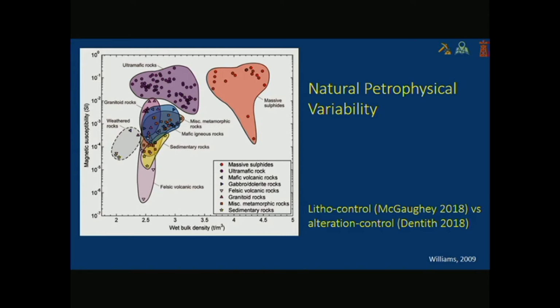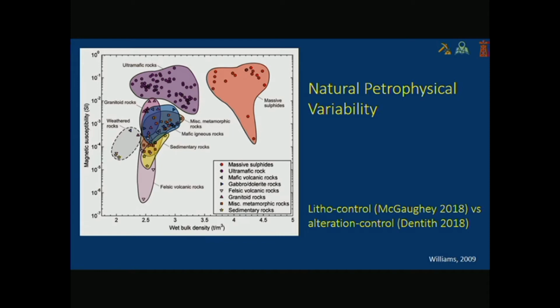It's interesting because there was, at the AEGC, there were two different talks by John McGaughey and by Mike Dentith, looking at, based on their quite extensive measurements of petrophysics, one in Australia, one in Canada, they came up with diametrically opposite opinions as to what the most important control is on petrophysics at a regional scale.